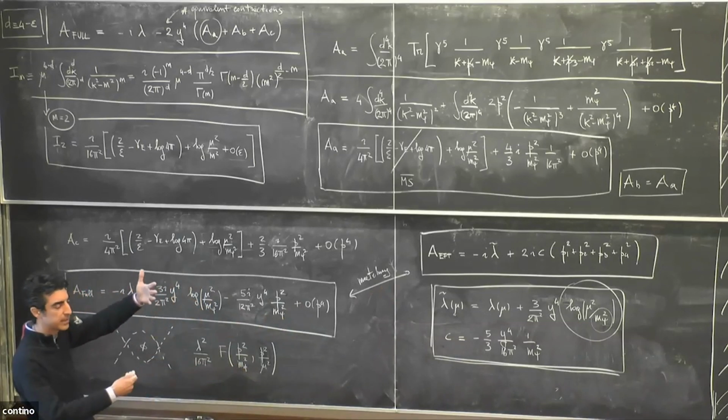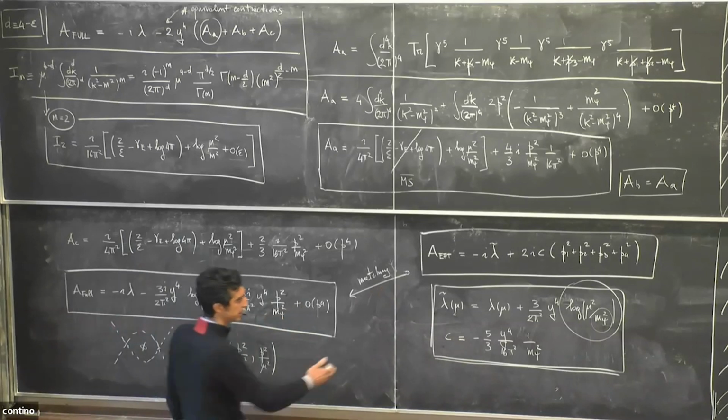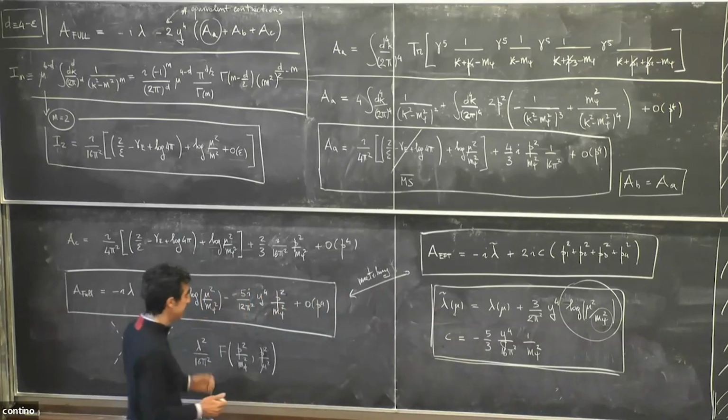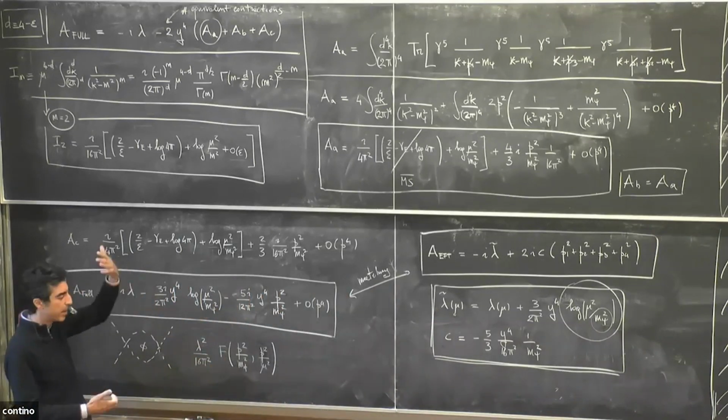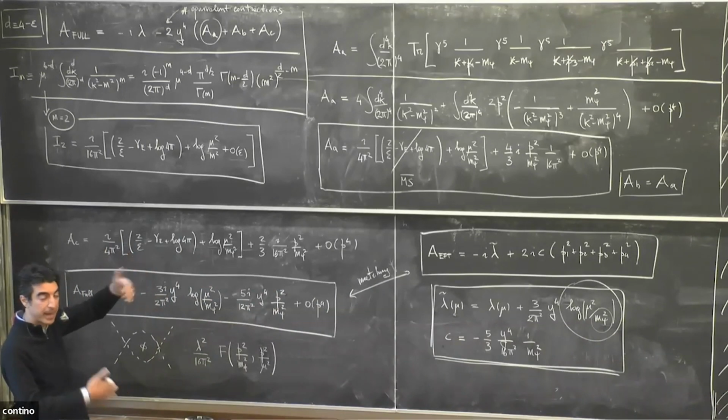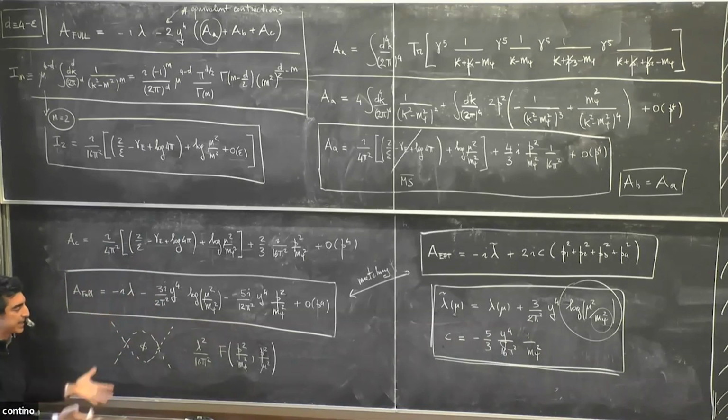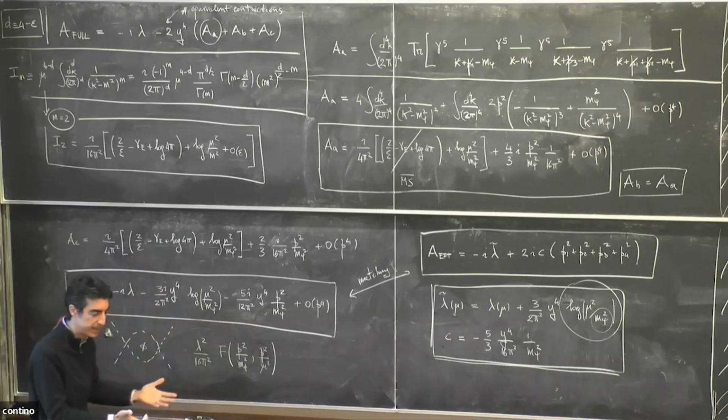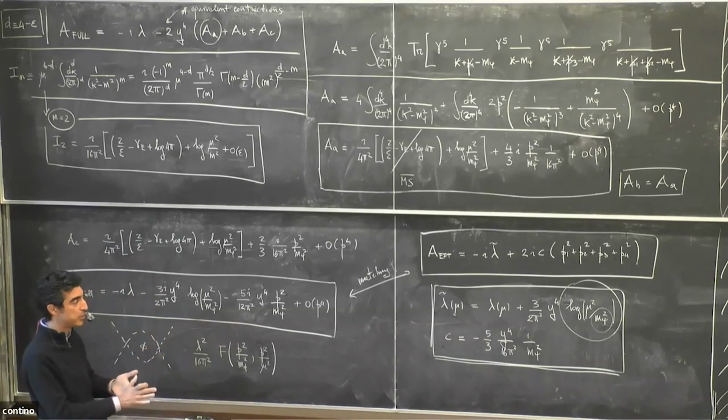However, this nonlinear dependence cancels out in the matching, so it does not appear in the matching equations, simply because it is the same both in the UV and in the infrared by construction. By construction, because the effective theory is defined exactly to reproduce the low energy behavior of the full theory.